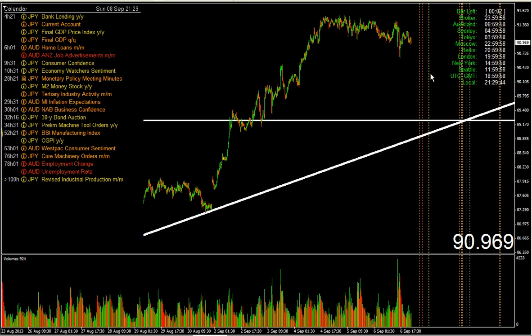Very big for intradays, a very big pip space, 150 pips. So lower prices, lower Australian dollar, Japanese yen, even until 89.26, I would use this week as a long entry.